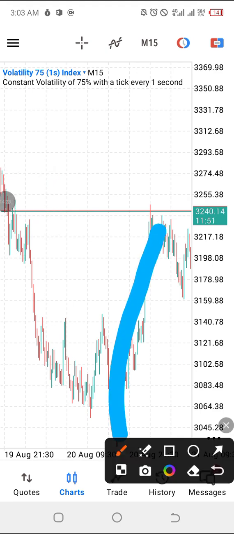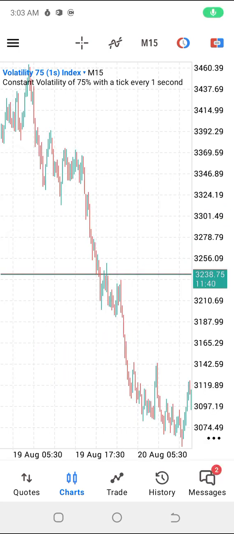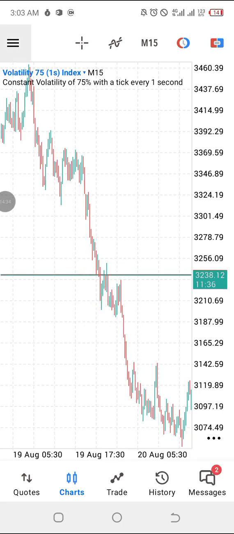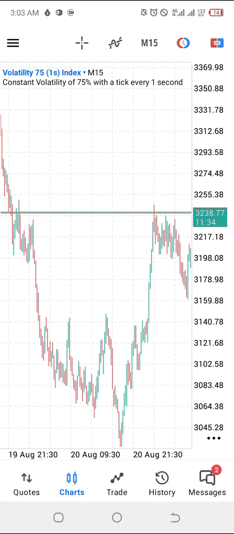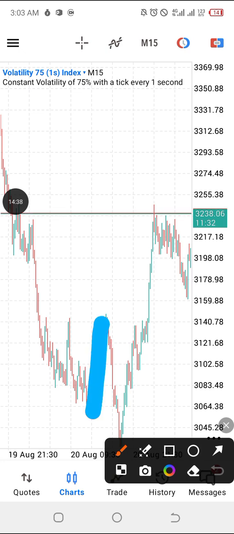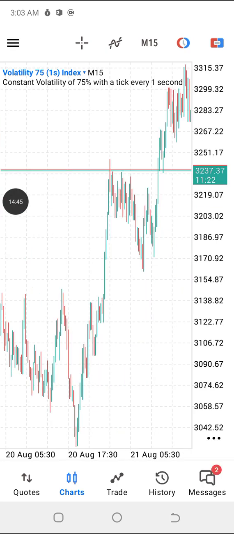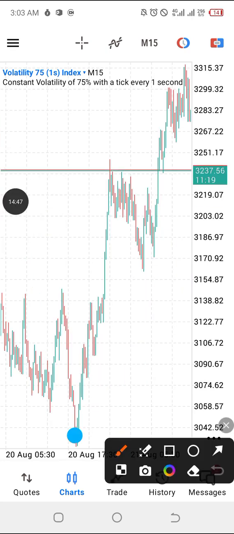Call it change of trend or change of direction. So before now, we're on downtrend. Then at this point, it reversed and began the higher high, higher low, higher high, higher low. You can see it's still moving up.